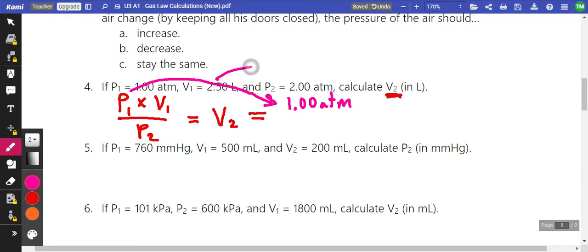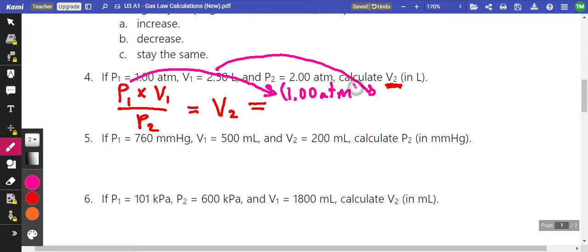My V1 is 2.50 liters. These are going to be divided by my P2, which is 2.00 atmospheres.